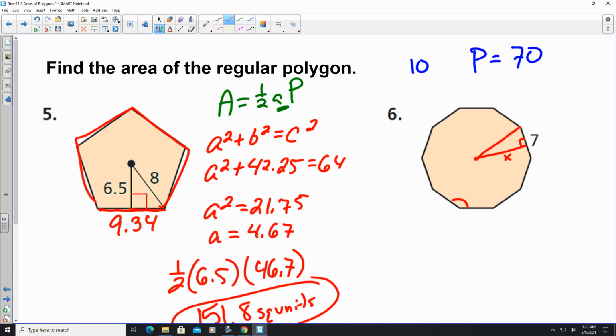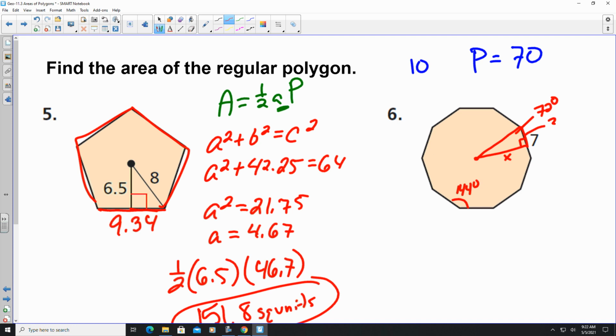Recalling, knowing that's a 10-sided figure, 10 minus 2 times 180 gets you 1,440 for the sum of all those angles. Divide it by 10 because it's a 10-sided figure. So this particular one is 144 degrees. Now, cutting this in half, that means that this angle right here is 72 degrees.